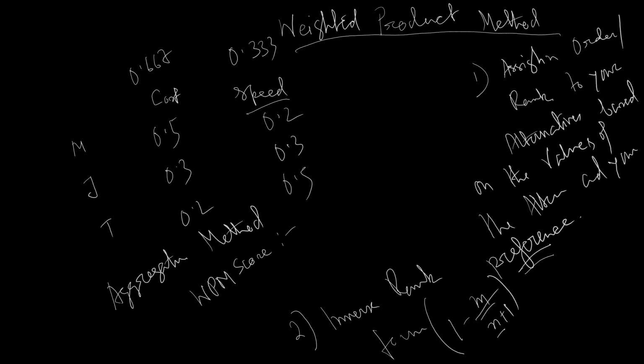So how do we do it? In the case of cost, we will take the value of cost for the first alternative, Mercedes, and divide it by the value for the second alternative, Jaguar, and we'll power it with respect to the weightage of the criteria.